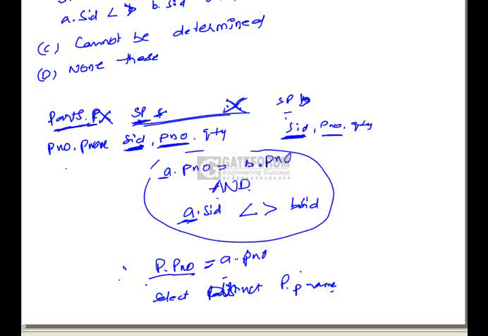So here select distinct P dot P name from where we are combining three tables: parts P, SPA and SPB.